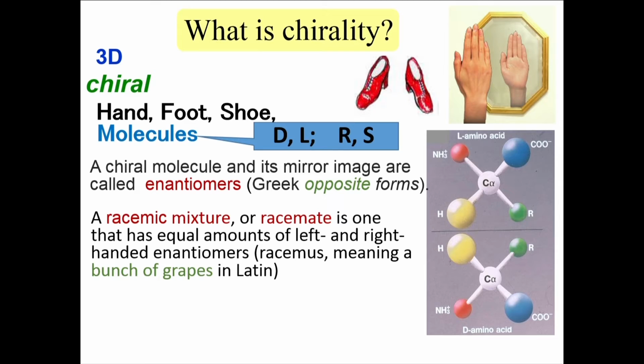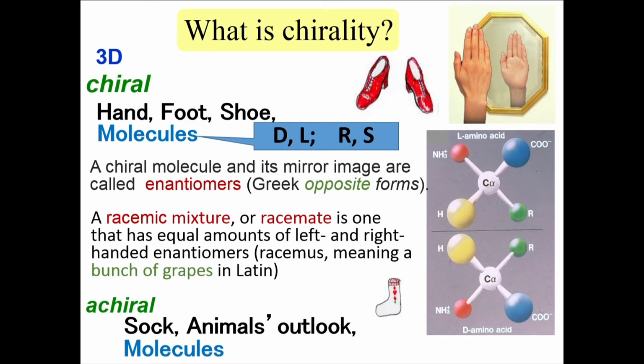The work was done by Pasteur long ago, in 1848 in fact. He used racemic acid because he worked on the fermentation of grapes. A bunch of grapes is called racemus in Latin, and racemic or racemate comes from that. And there are achiral things: socks, animals' outlook, molecules, all these are achiral or non-chiral.